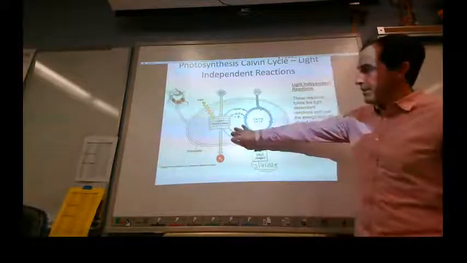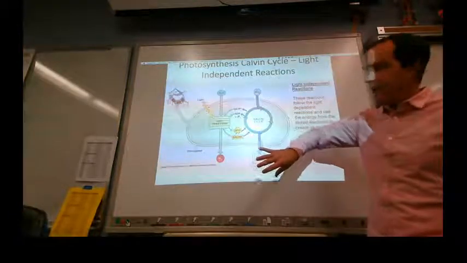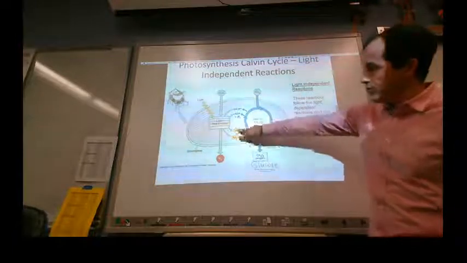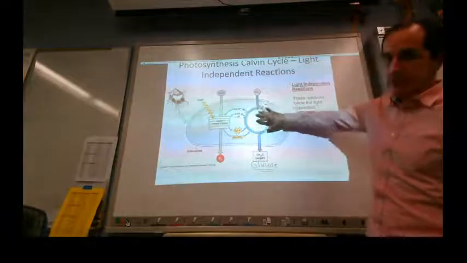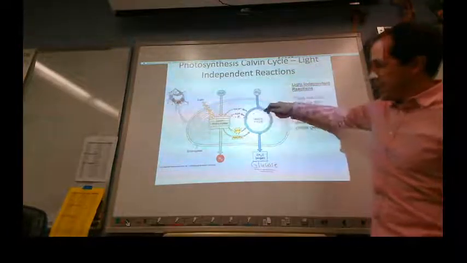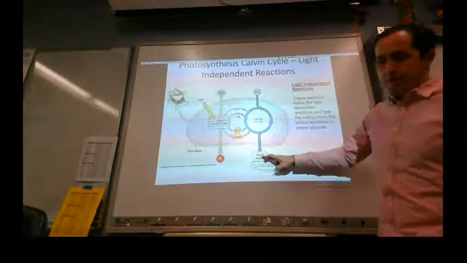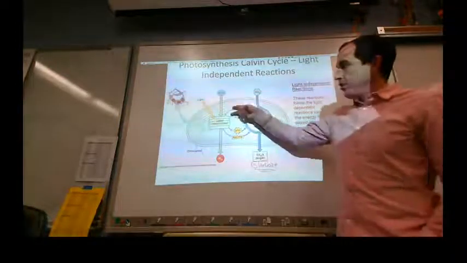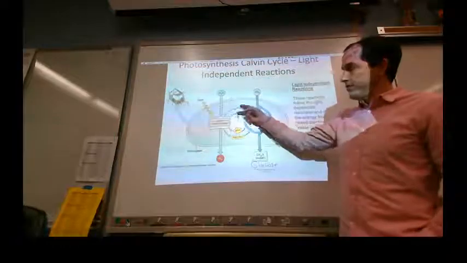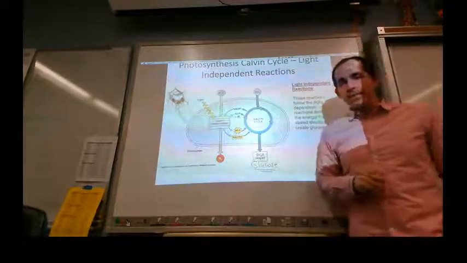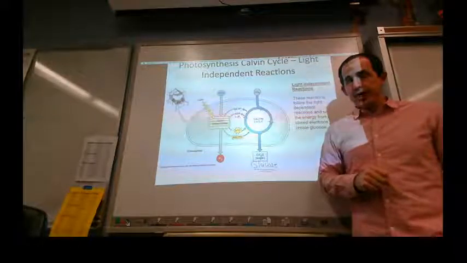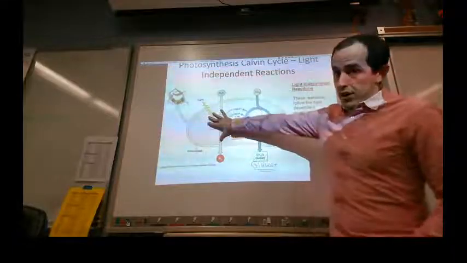The materials made from the light-dependent reactions are going to be used to drive the Calvin cycle so that carbon dioxide can be brought in to create sugar and also recycle those materials back to the light-dependent reactions. We started talking about this.